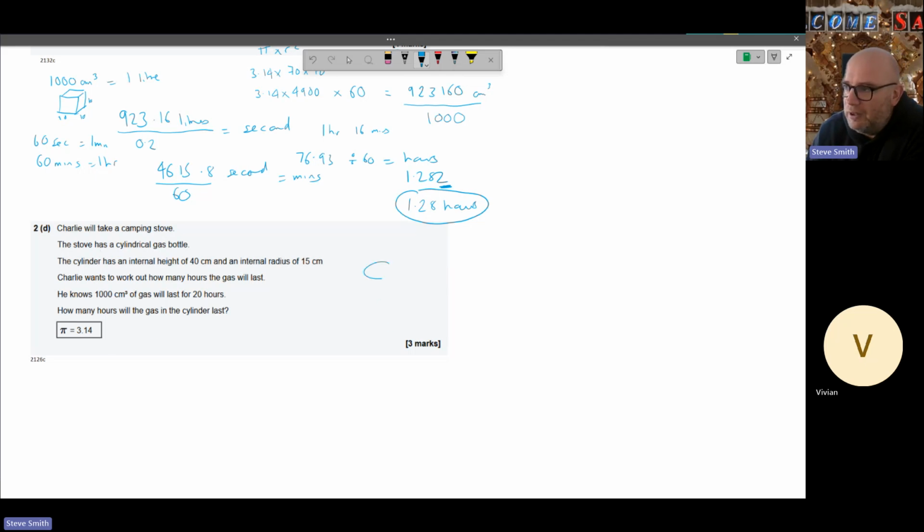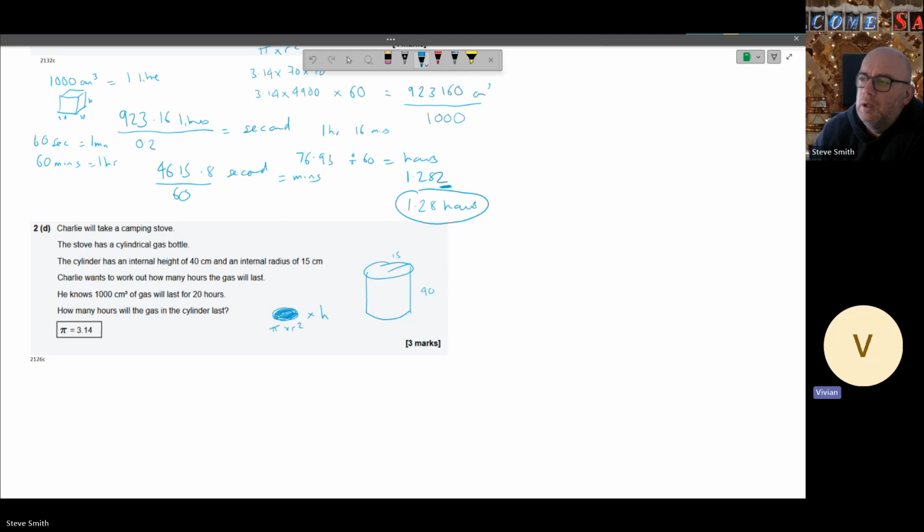We've got our gas cylinder. Doing it again. We know that it's 40 here and it's 15 there. Yes, radius. Okay, so we've got area times by height. So the area for a volume, it's area times height, yeah?